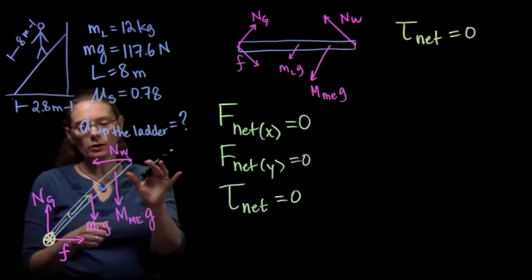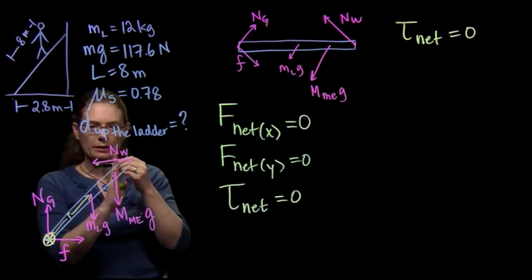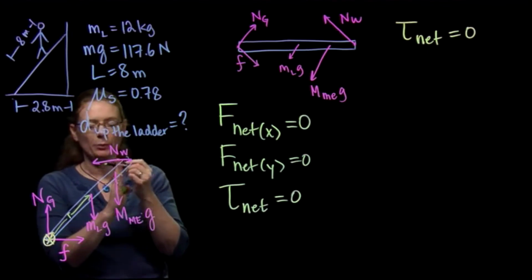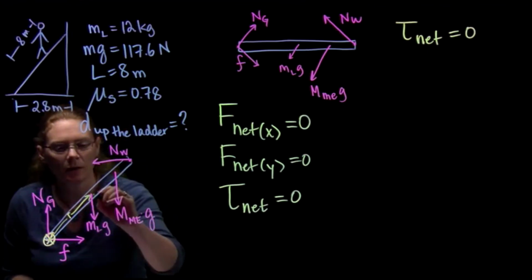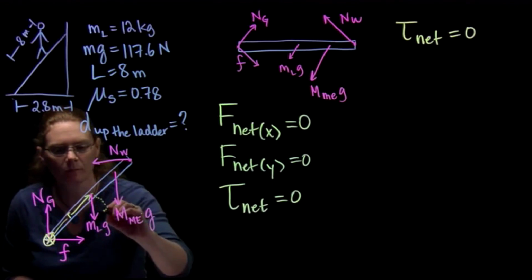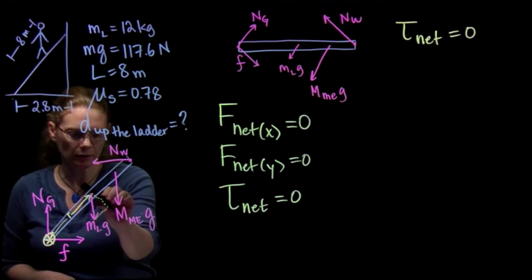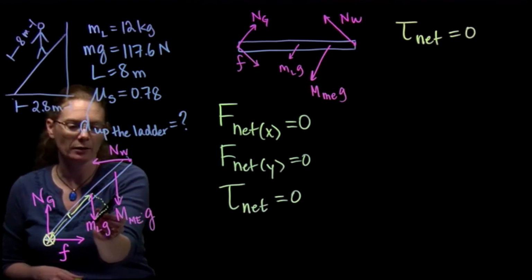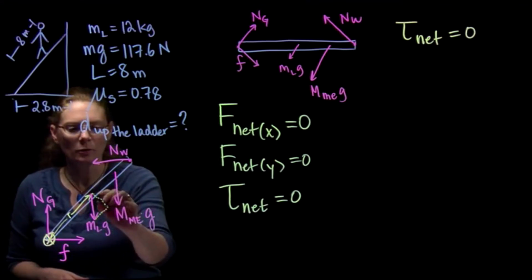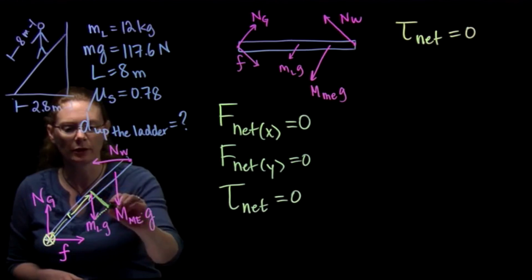And now the torque is only caused by the perpendicular force, the perpendicular component of the force. So if I break this force up into a component perpendicular to the beam or the ladder and parallel to the ladder, only this one causes a torque.